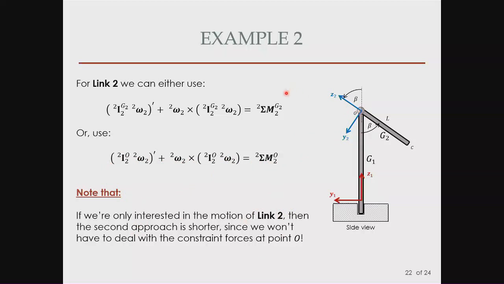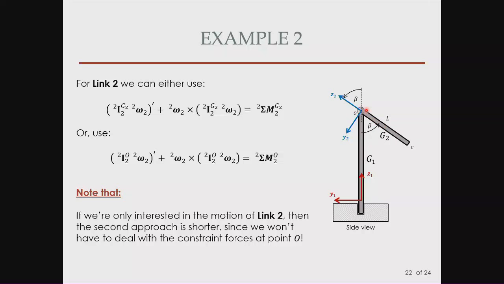So I want you to think about the right-hand side. If I need to sum the moments about the center of mass, the gravity force itself, assuming it points downwards from the center of mass, won't have any effect, right? Because I'm summing moments about the center of mass.